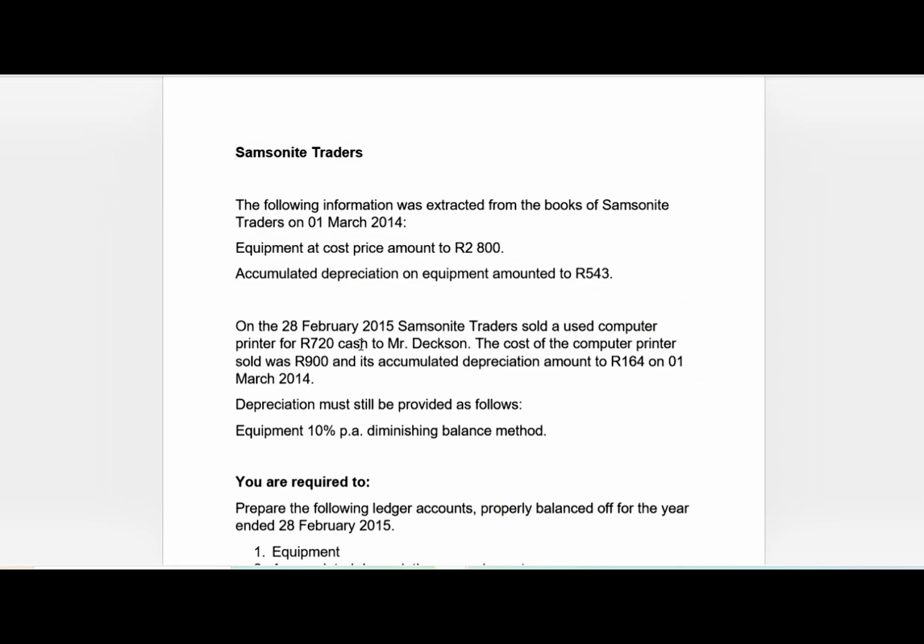The cost of the computer printer sold was 900, and its accumulated depreciation amounted to 164 on the 1st of March 2014. Depreciation must still be provided as follows: equipment 10% per annum, diminishing balance method or reducing balance method.